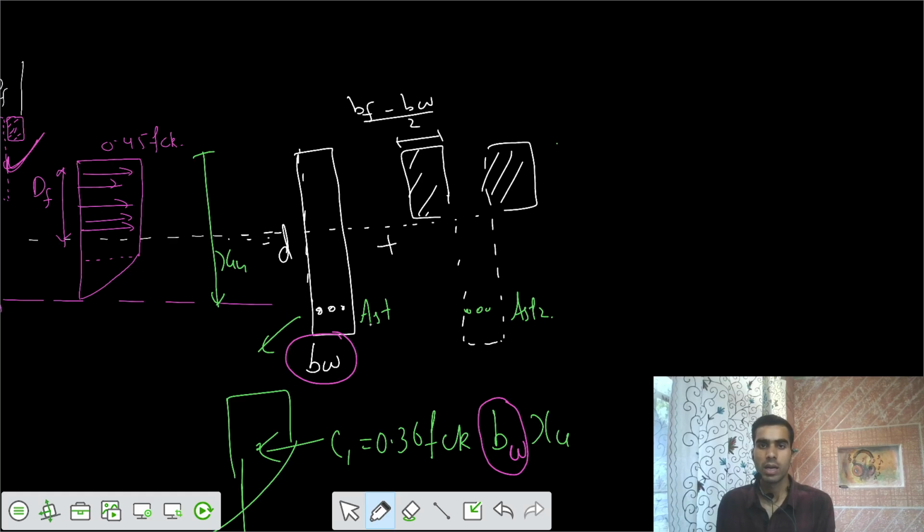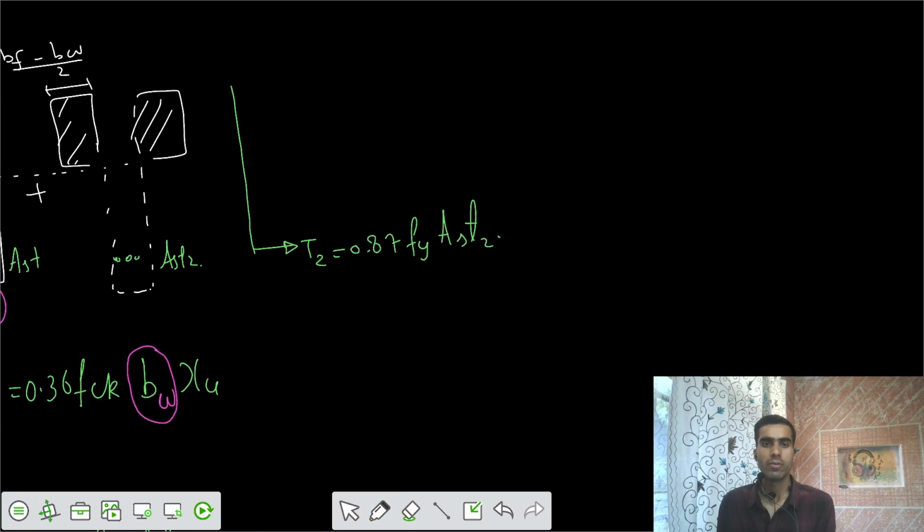But for the second case, the stresses are uniform in this part. Let's make the stress block for the second case. This is very important. There is some T2 force of 0.87 Fy AST2, and there should be some C force acting at the centroid of this area.